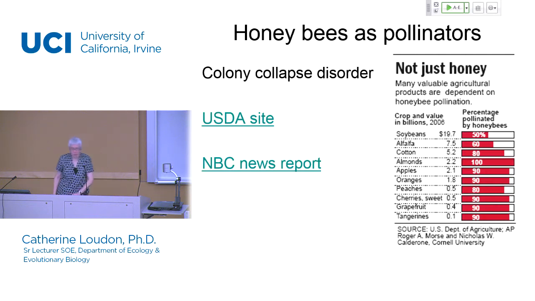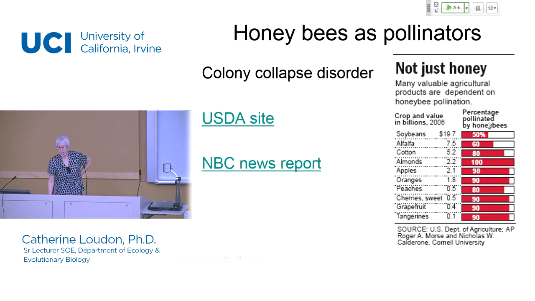I don't think we have time to visit some of the sites, but the USDA, the United States Department of Agriculture, has a very nice website on colony collapse disorder with a lot of information on it, and there are a lot of nice news reports. I pulled this particular graphic from one of these news reports, which shows just some of the crops in our country that are very heavily dependent on honeybee pollination specifically: soybeans, alfalfa, cotton, almonds, apples, oranges, peaches, cherries, grapefruit, tangerines. Again, this is just a partial list.